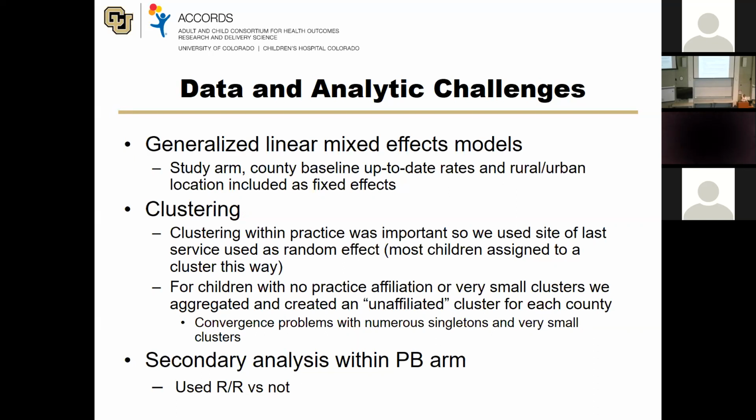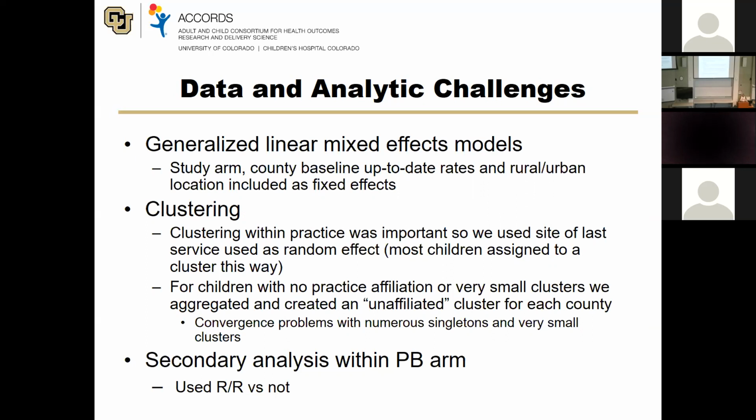One of the things that happened in this trial, this is kind of a true confession, was that there were a number of children who had no practice affiliation, or there were numerous very small clusters. And if we allowed them to be their own cluster or had clusters of 2 or 3 kids, something like that, our models wouldn't converge.